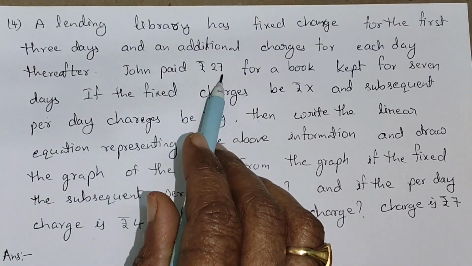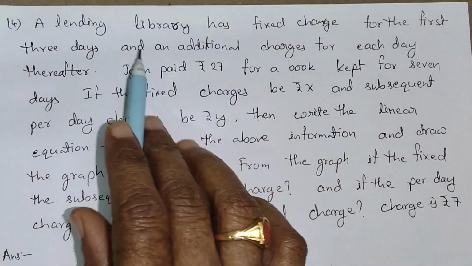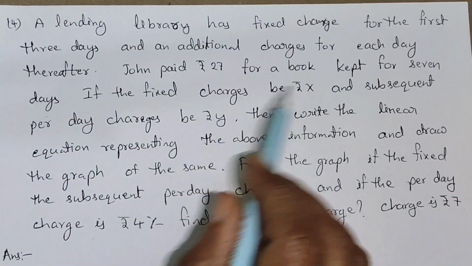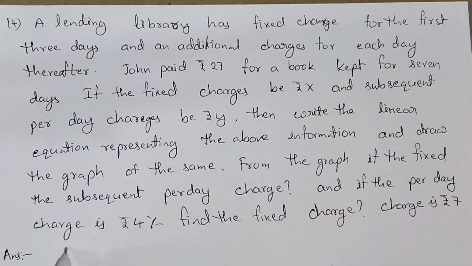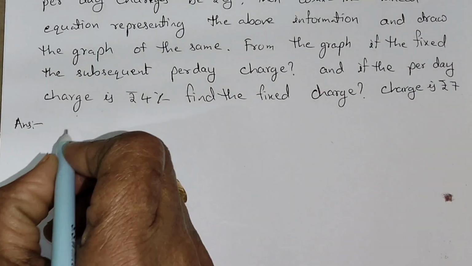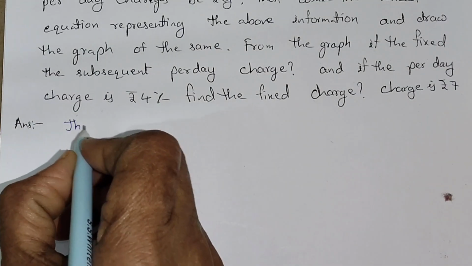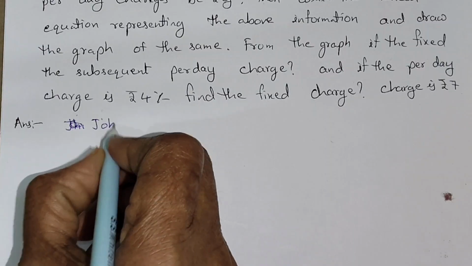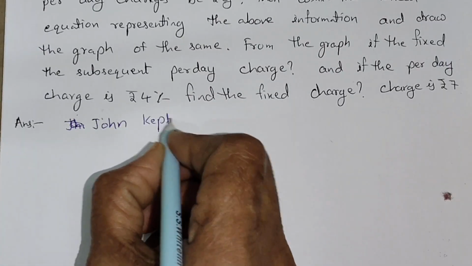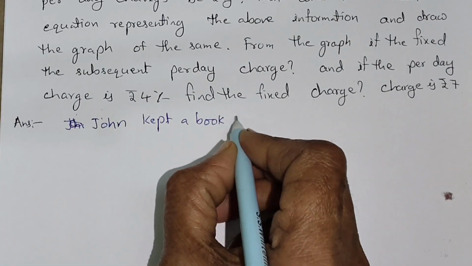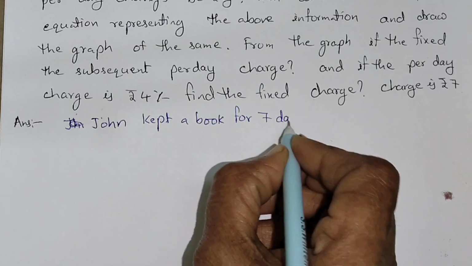John paid 27 rupees in total for keeping a book for 7 days.